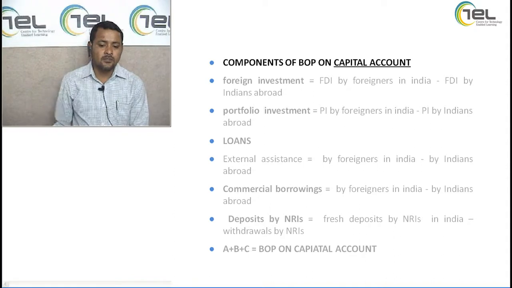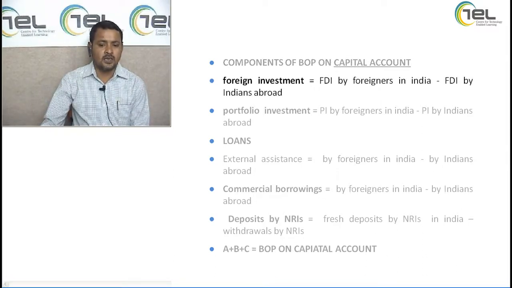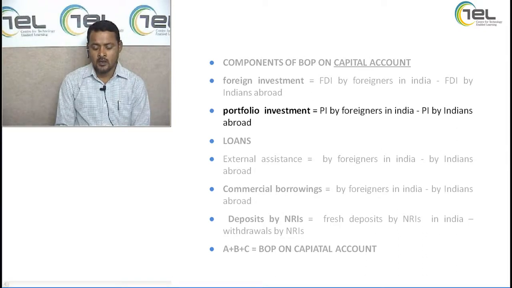We can summarize this into three headings. First, foreign investment: FDI by foreigners in India minus FDI by Indians abroad, since we are calculating the balance of payment from the point of view of India. Second, portfolio investment by foreigners in India minus portfolio investments by Indians abroad. Then loans. There are three types of loans: external assistance, commercial borrowing, and deposits by NRIs.